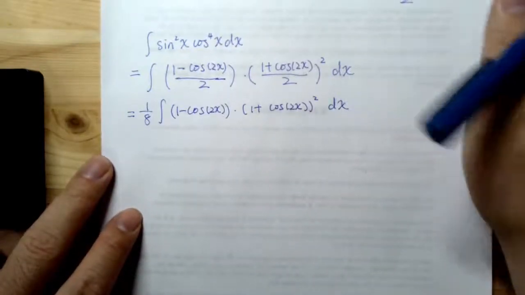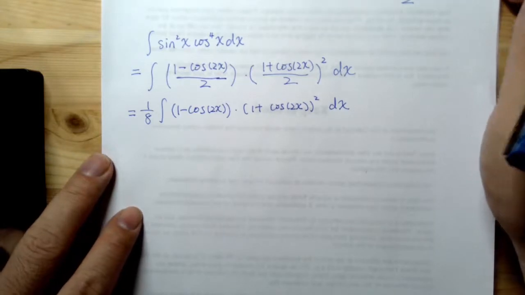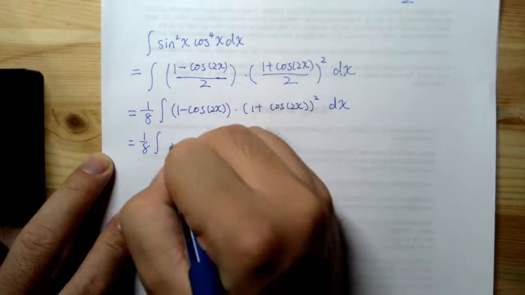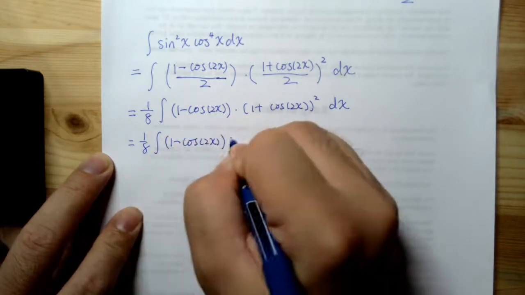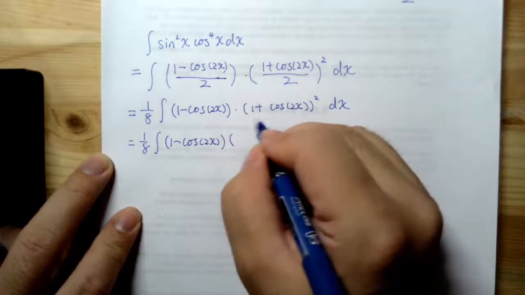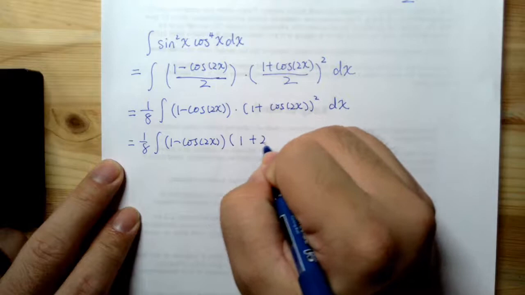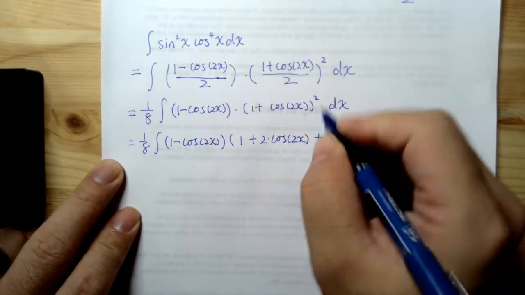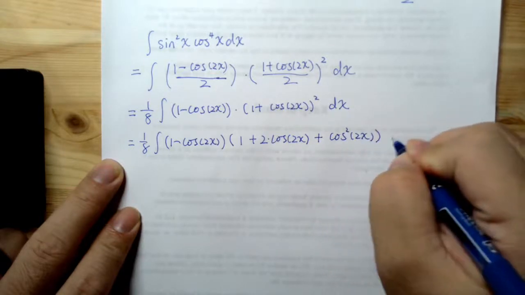After that, we need to do a little bit of algebraic operation. So 1 minus cosine 2x times, I'm going to distribute this, it's going to be 1 plus 2 times cosine of 2x, and then plus cosine squared 2x, and then dx.